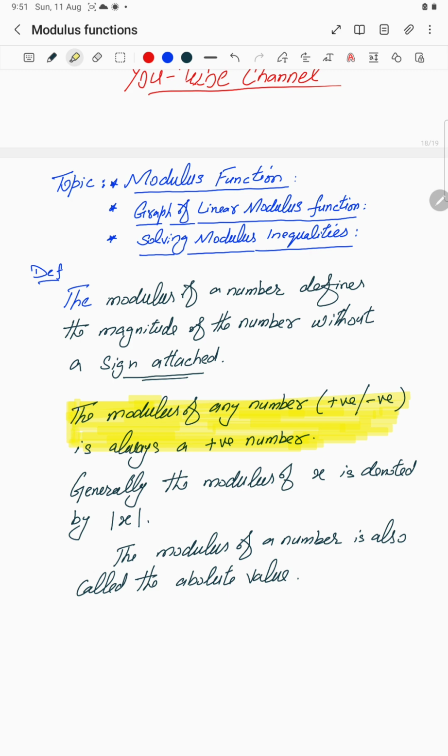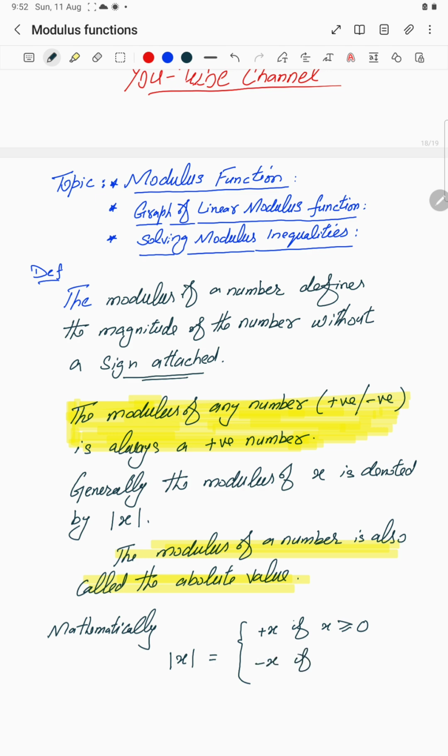Another name for it is absolute value. Mathematically, the modulus of x can be written as plus x if x is greater than or equal to 0, and minus x if x is less than 0. Most of the students get confused about this plus and minus in the modulus.